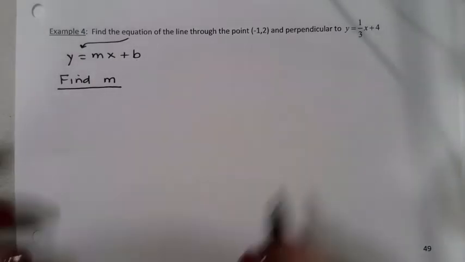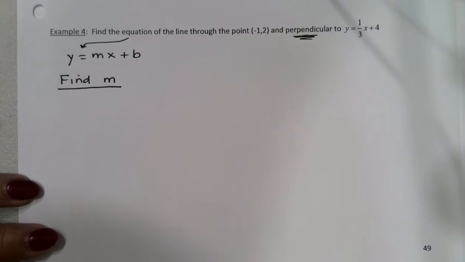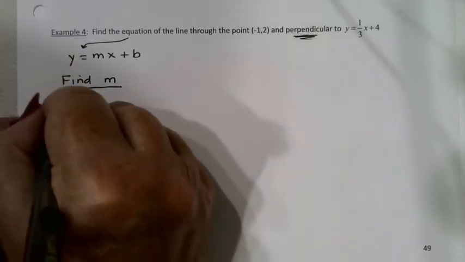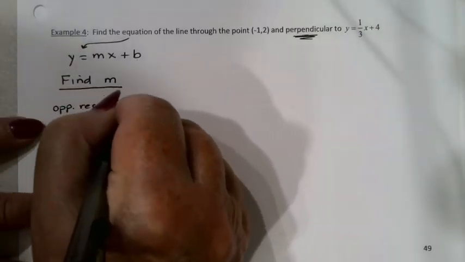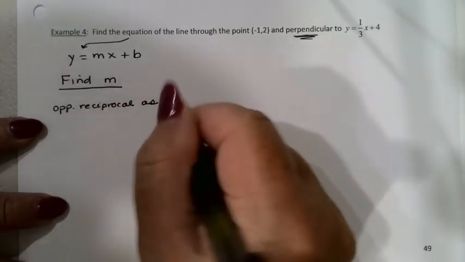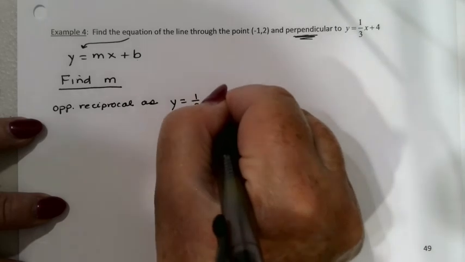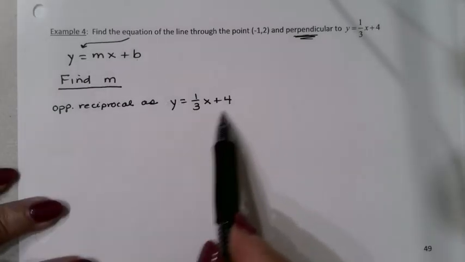All right, this time I'm looking at perpendicular. So I know that my slope has to be the opposite reciprocal of the slope of that line. This time they were nice enough to give this problem to me in slope-intercept form.